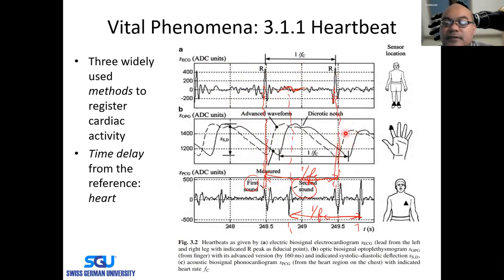We see this advanced one, the dashed line, because this is what actually happens in the heart, while the solid one is what is measured at the finger because of the distance. So we advance it a little bit, pushing it some time in advance. The R peak occurs at the onset of this systolic peak.